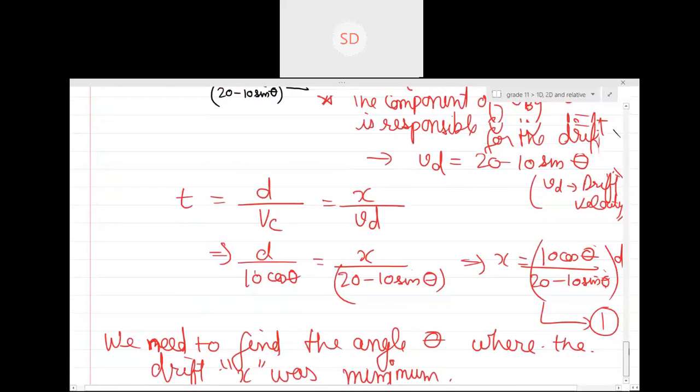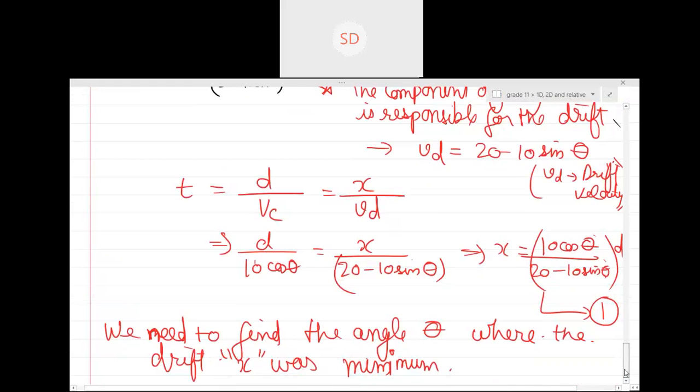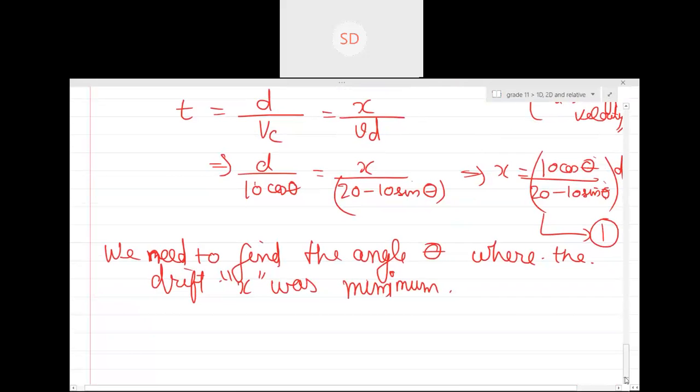So basically one mathematical thing you will learn over here, which is basically this. And the second mathematical thing, which is basically the concept of maxima and minima.